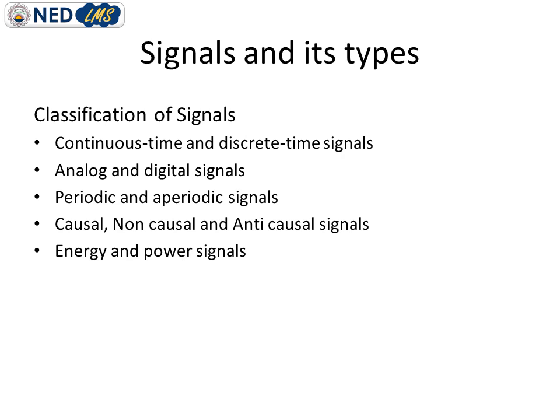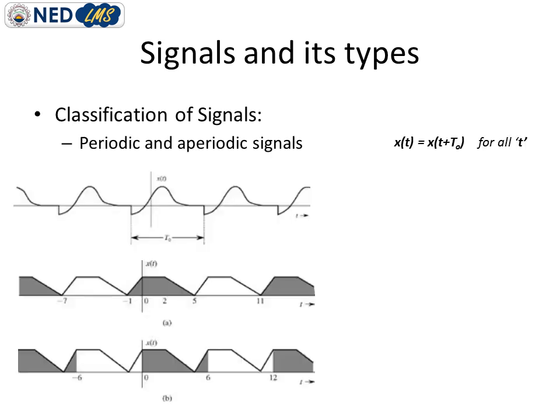Another classification is energy and power signals. Another classification is deterministic signals and probabilistic signals. So let's start our discussion regarding the classification of signals.